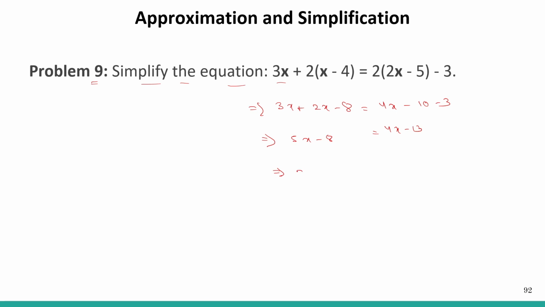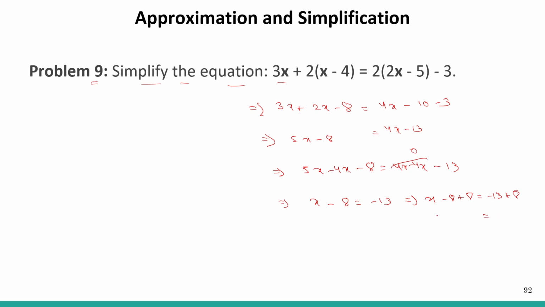So solving it further, keeping the x values to the left hand side, 5x minus 4x minus 8 is equal to 4x minus 4x minus 13. So this will be 0, right? So this implies that x minus 8 is equal to minus 13. So x minus 8 plus 8 is equal to minus 13 plus 8.